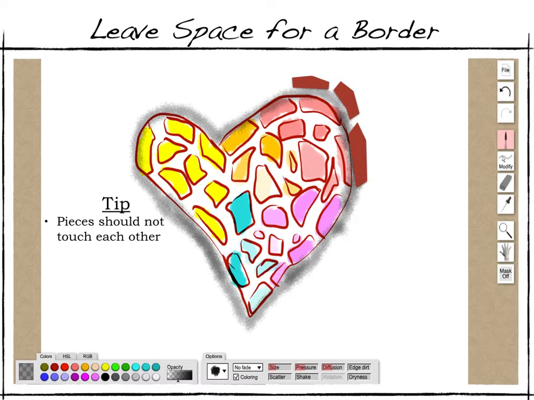This is a problem because this additional piece changes the outline of the heart shape. We do not want to do this. And again, we could use the tool to create this border space using the paint icon.